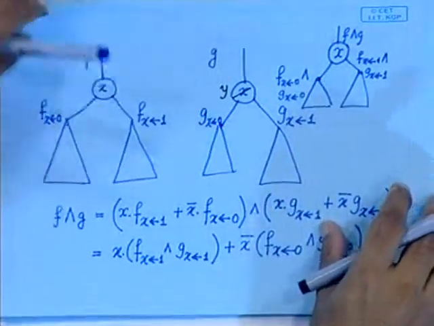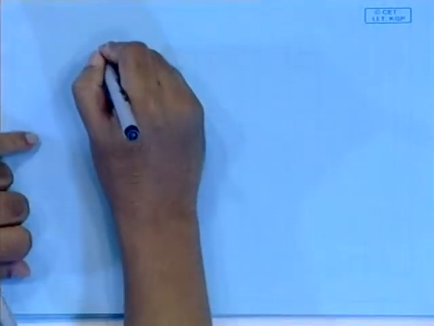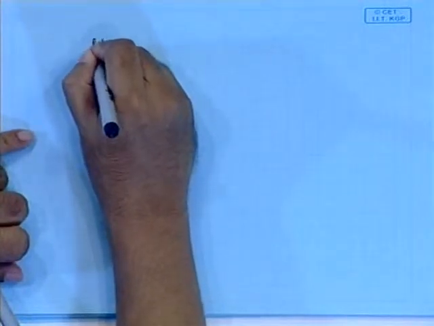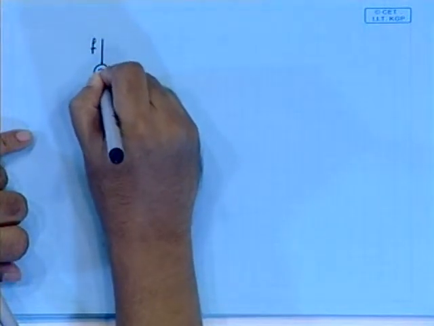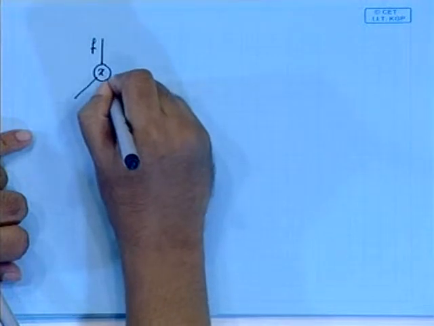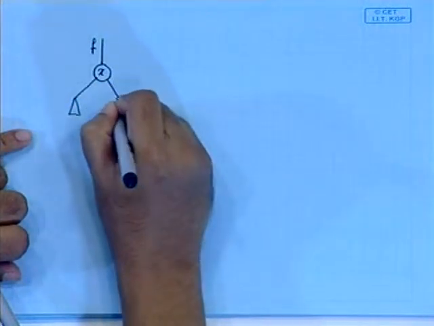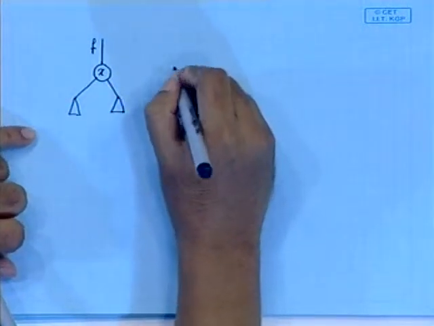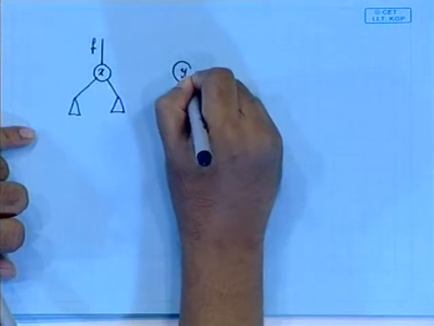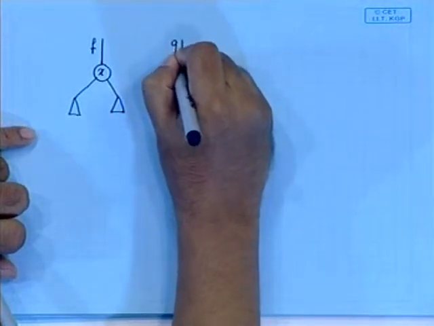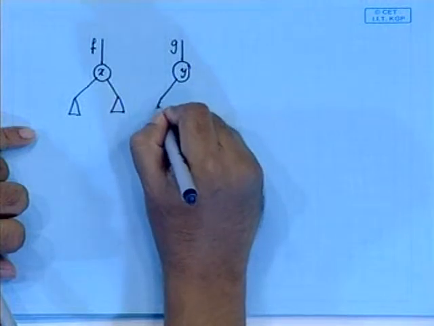I have x here and I have y here. This was my f, this is my g.